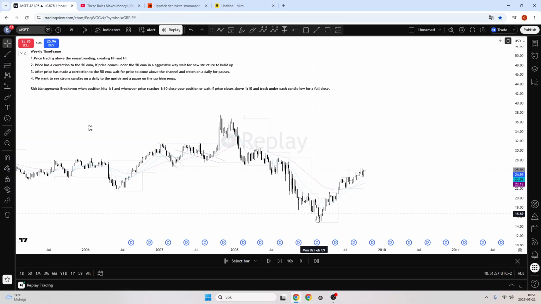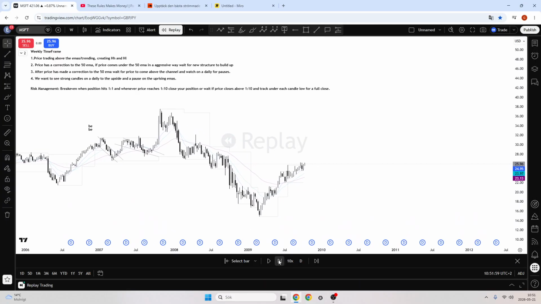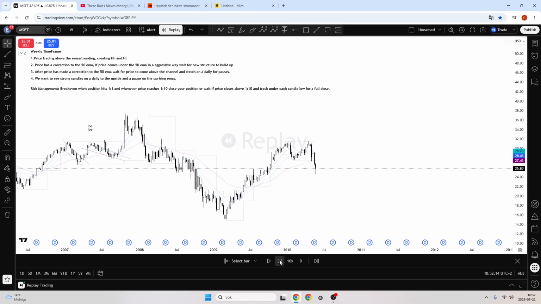I think this structure is pretty good. So now what I want to see is a flush to the 50 MA or a correction down to the 50 MA, or a channel that's being created down to the 50 MA. I don't like this, so I will wait for a new structure.